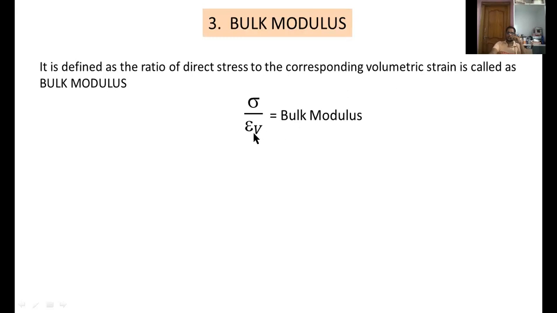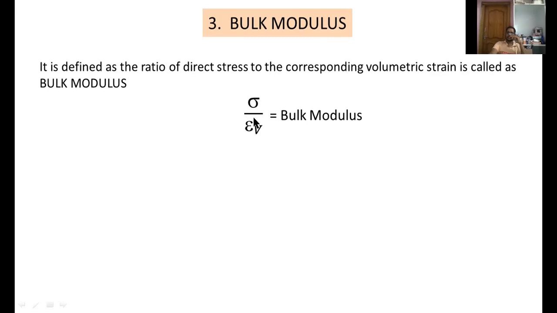Epsilon suffix v, the volumetric strain, means the ratio of change in volume to the original volume. So epsilon v equals delta v by v, change in volume by original volume. Sigma is the stress.